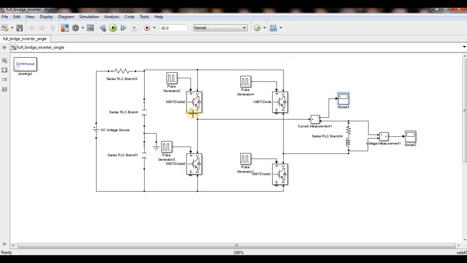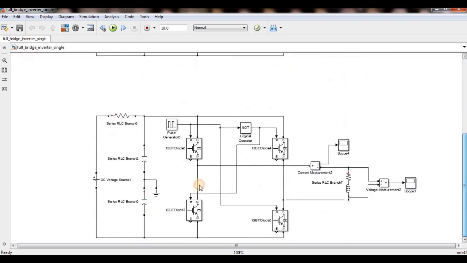If unfortunately these two switches are switched on at the same time, then this DC link voltage will be short circuited. So to avoid this condition, I am using a NOT gate. Whenever we are using the NOT gate, both switches will not be on at the same time. Because once the pulse is on, the NOT gate output will be 0. So once it is on, these two will automatically be off.